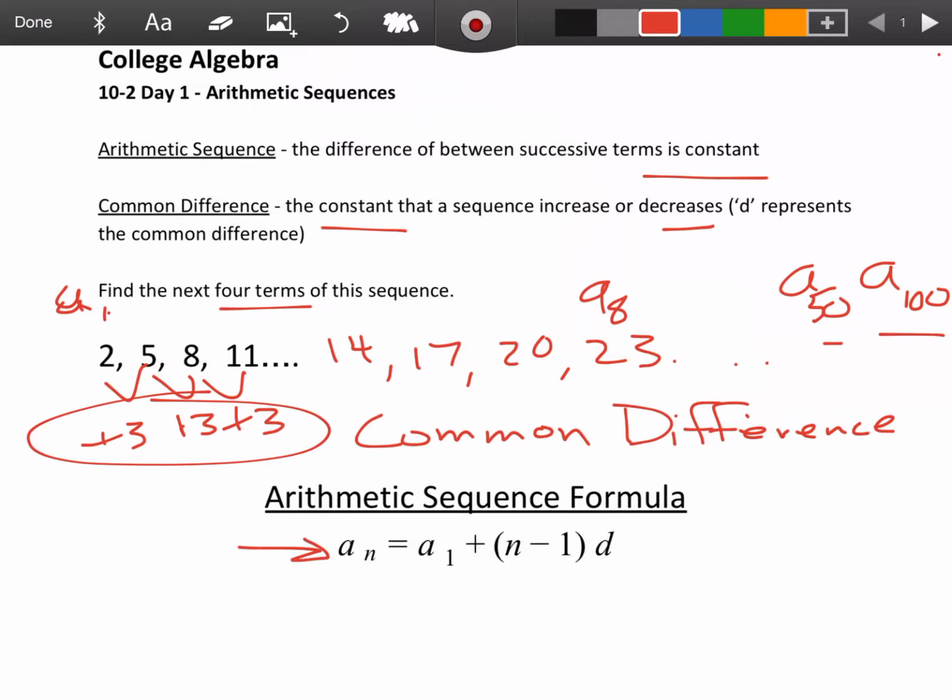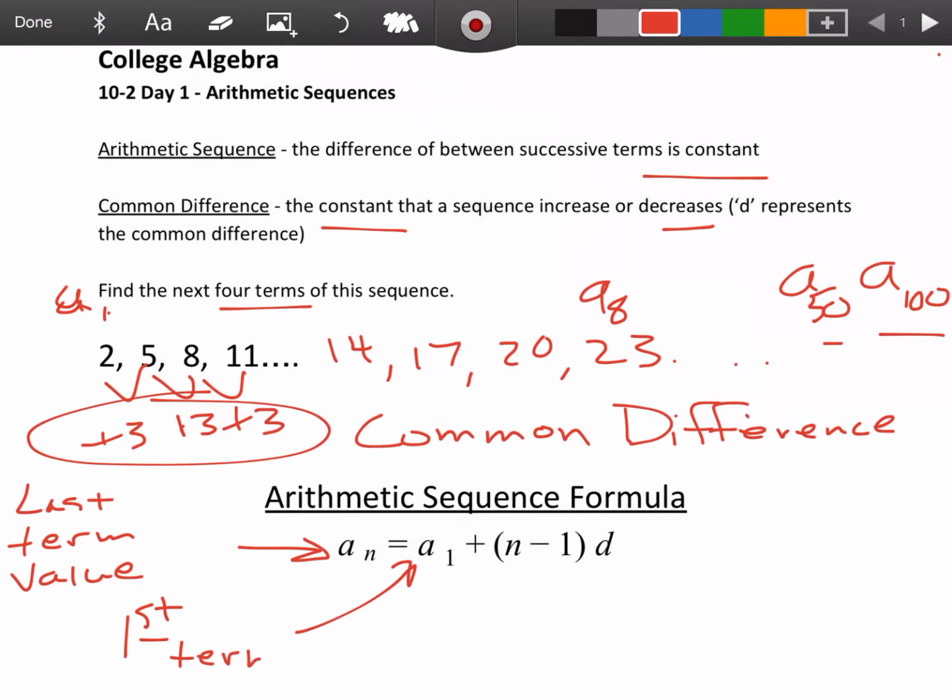What A of n means is our last term value. Whatever term we're finding, if we were to find the 50th term, we would consider that the last term that we're finding, and that's the value of it. A1 is just our first term.